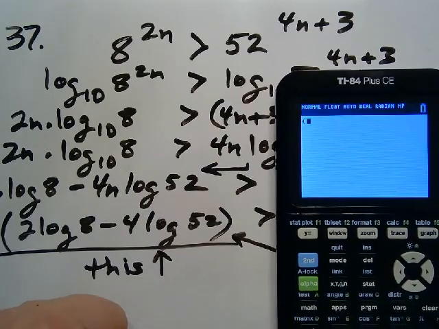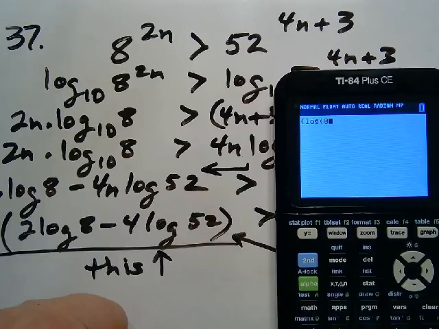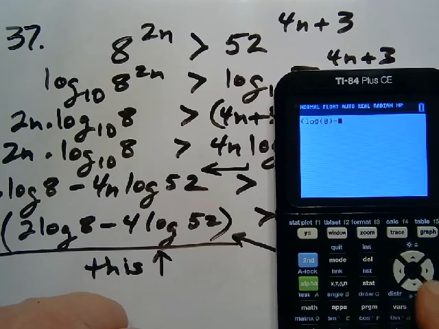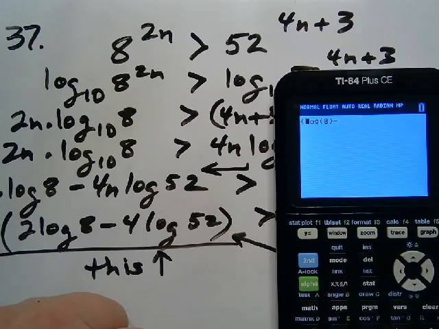Parentheses, log base 10 of 8, close the 8, minus... well, I left out something, didn't I? That's 2 log base 10 of 8.